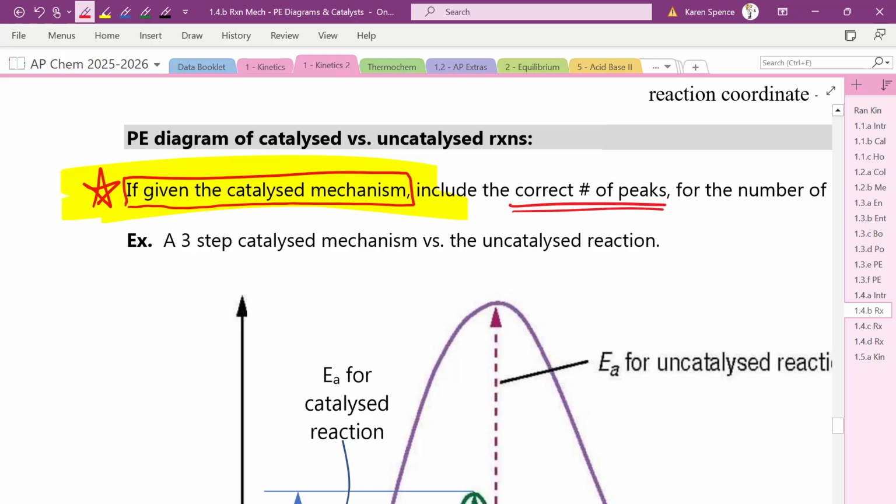How many is the correct number of peaks? It's the number of steps. So if I give you a 3-step mechanism, you're going to have 3 peaks. If I give you a 7-step mechanism, you're going to have 7 peaks. Probably I wouldn't do that because that's too many, too hard to draw.